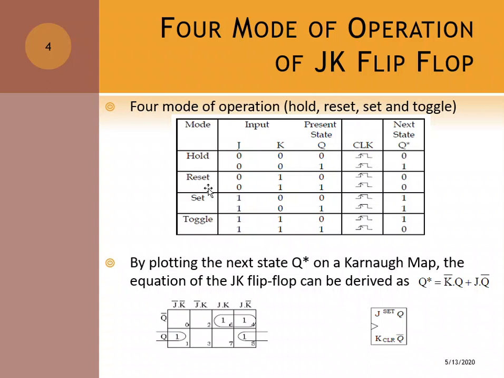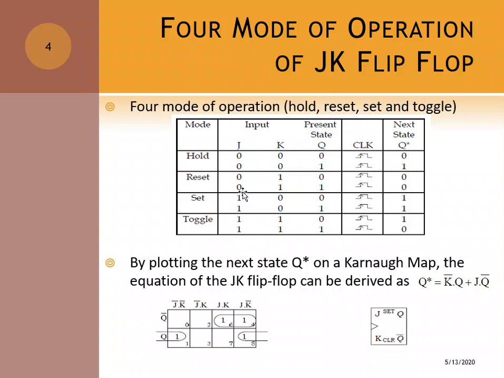Okay, second mode is the reset. Reset for SR flip-flop is S0, R1. So for this one, J0, K1, present state 0. So clock is activated, next state will be 0.